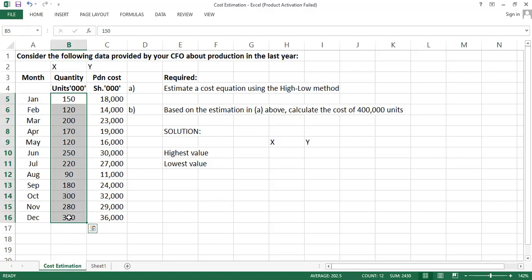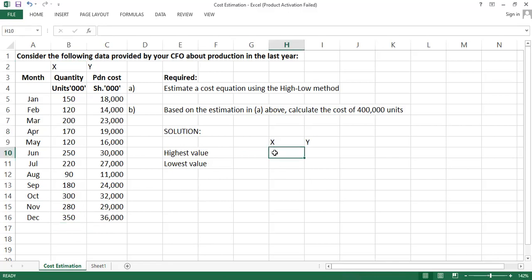The highest quantity I want to believe is this last one, the 350. And so I'll say equal to that 350 under X. You need the Y that corresponds to it. The production cost that corresponds to it, we have this 36,000. So I say enter.